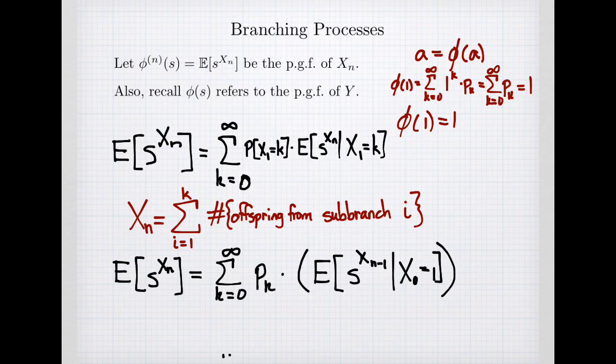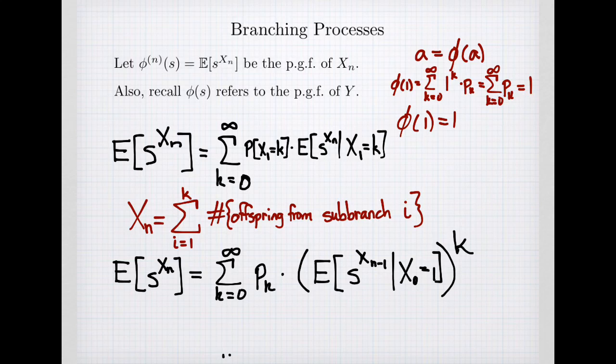So the idea is each sub-branch going from 1 to generation n is like going from generation 0 to generation n minus 1. So that's the same number of generations between where I started, except that generation 0 starts with 1 and generation 1 starts with k. And by independence, each sub-branch is independent, so I get that to the kth power.